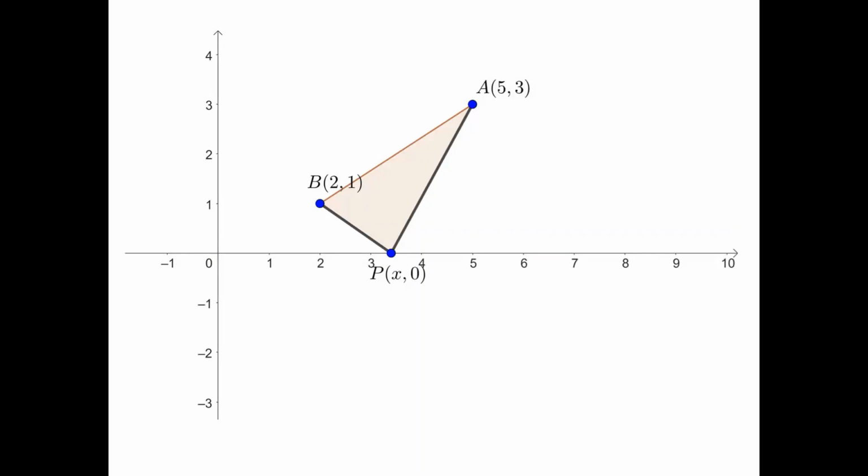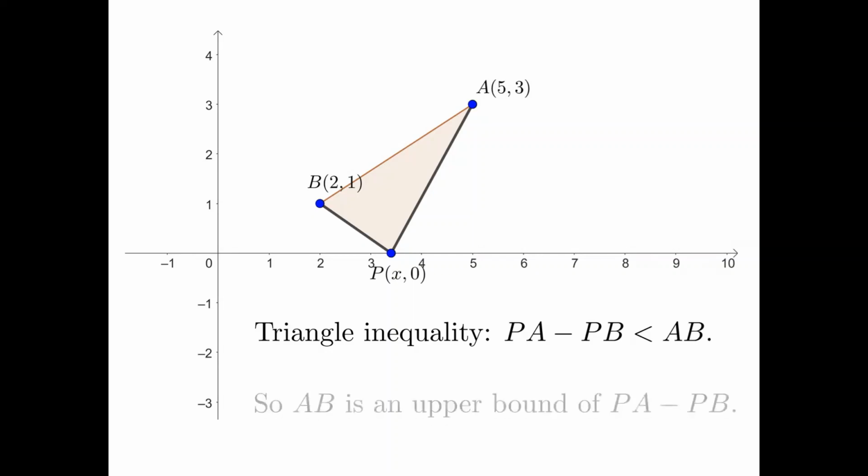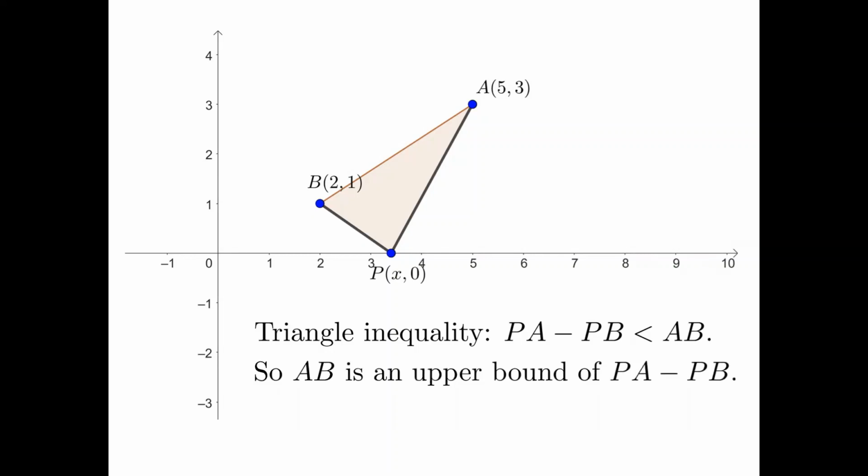First, let's look at the maximum of their difference. If P, A and B form a triangle, then by the triangle inequality, PA minus PB cannot exceed the length of the third side, AB. So, AB is an upper bound of the difference PA minus PB.